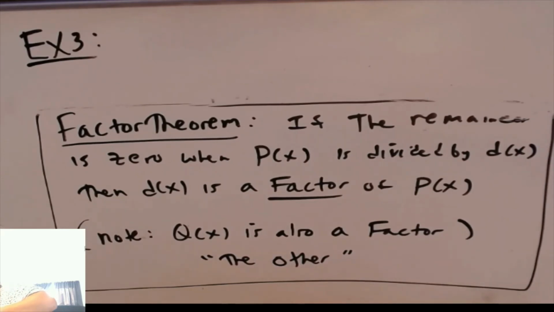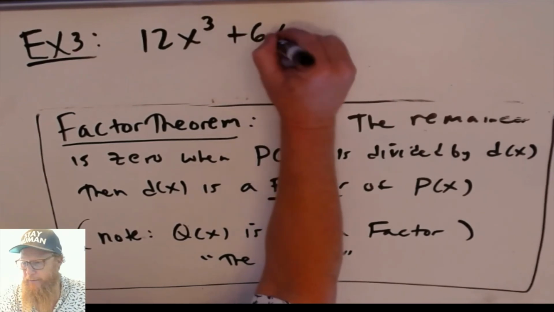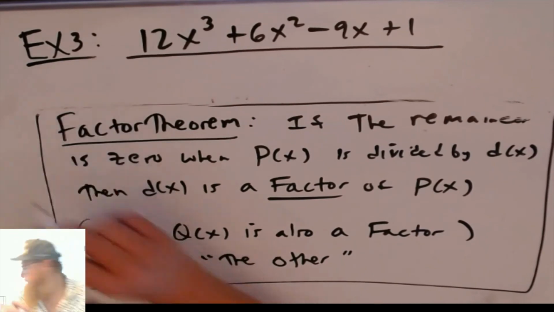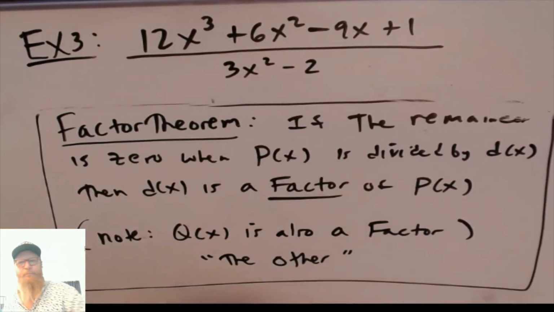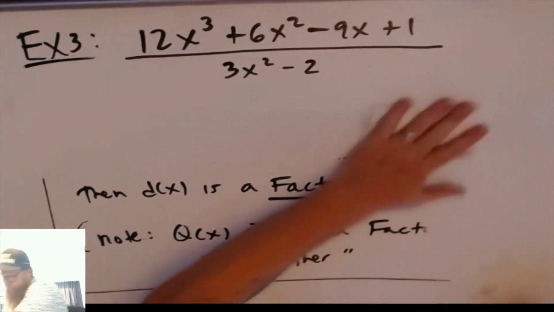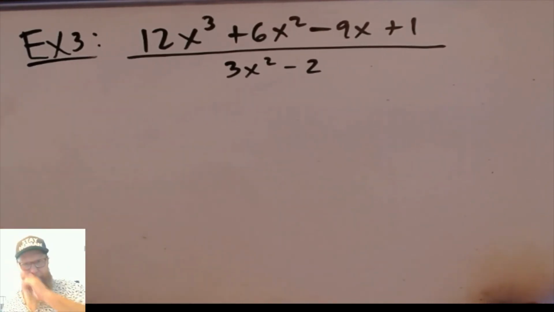So let's try something like, how about 12x cubed plus 6x squared minus 9x plus 1 divided by 3x squared minus 2. And I got to erase this theorem, but we'll come back to it, and I'll certainly mention it. If the remainder is not 0, then I'll have to say something else.